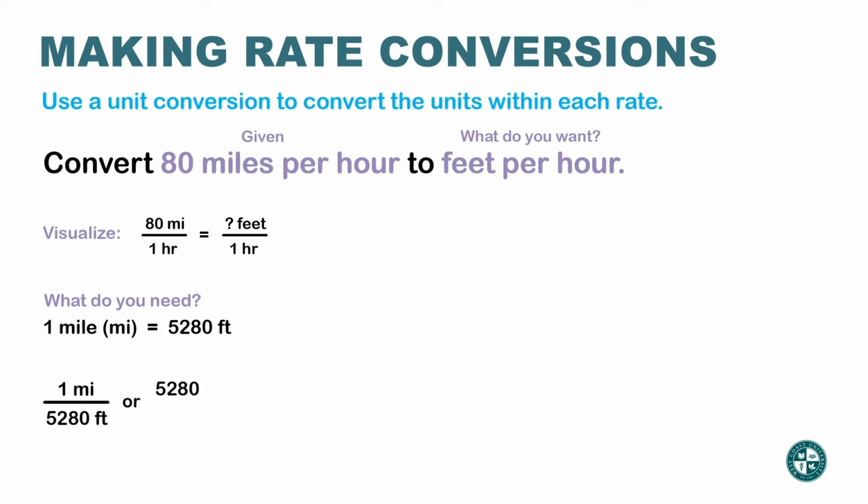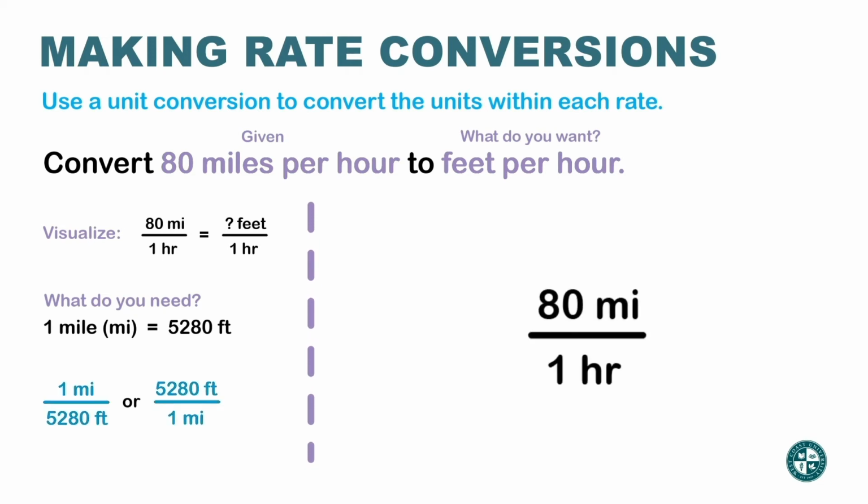Now I'm going to take 80 miles over 1 hour and multiply by one of these two fractions. Which fraction am I going to choose? The one that cancels out the word miles. Because the word miles in the given measurement is on the top, I need to choose the fraction that has miles on the bottom, which is the second fraction. And that's what I'm going to multiply by.